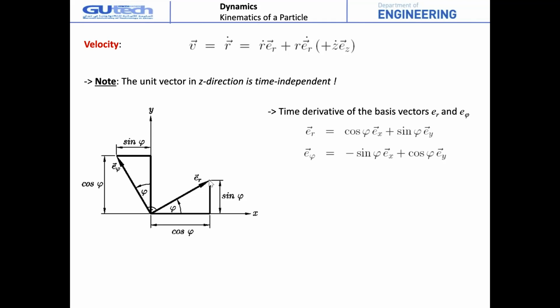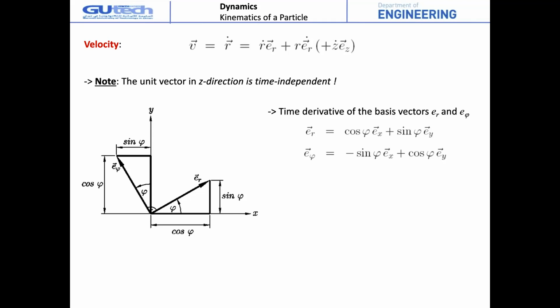We have the particle P that has the component cosine phi in X direction and sine phi in Y direction. The same we have for ePhi: minus sine phi along X direction and cosine phi along Y direction.